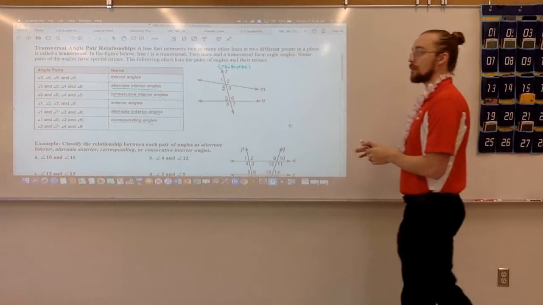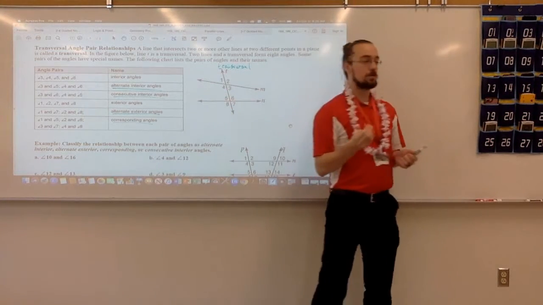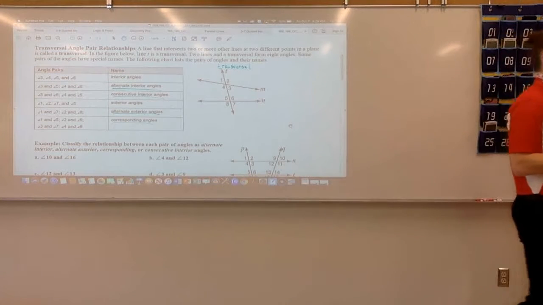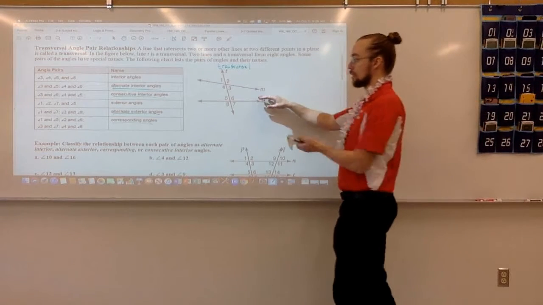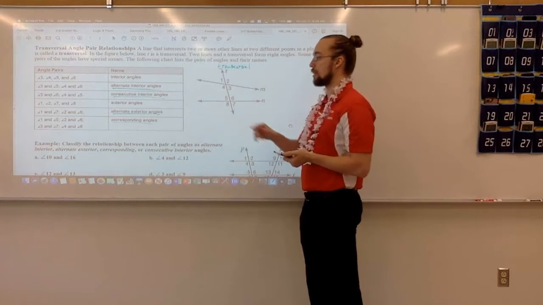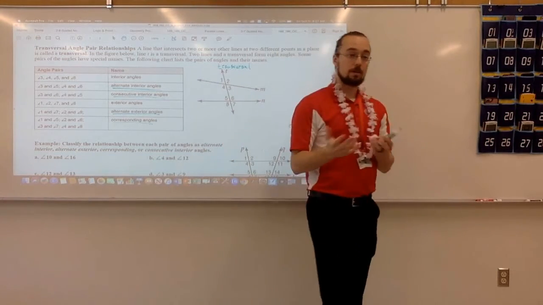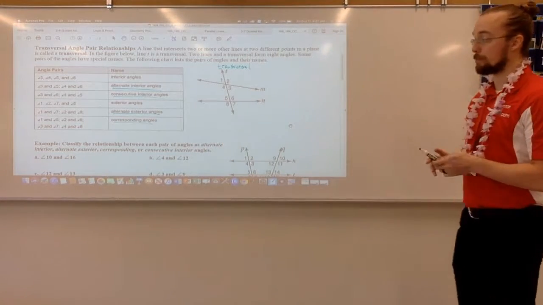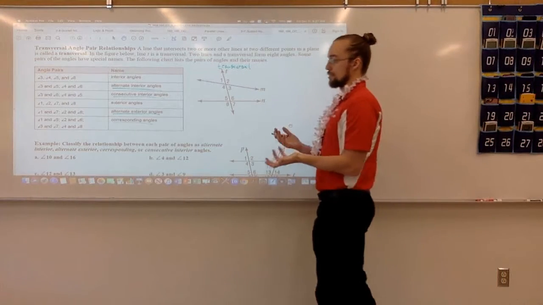Okay? So then, we can also talk about exterior angles. Exterior angles are on the outside of my 2 lines. So if I'm looking at my 2 lines here, on the outside would be 1, 2, 7, and 8. Then we talked about a specific pair of exterior angles: alternate exterior angles.